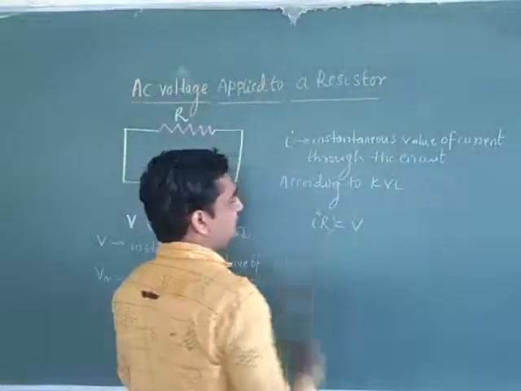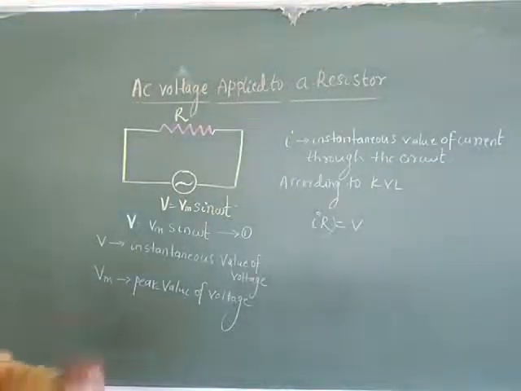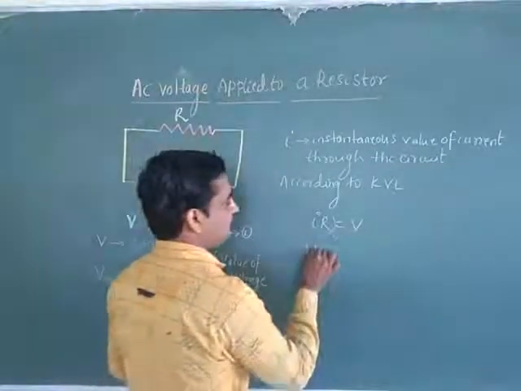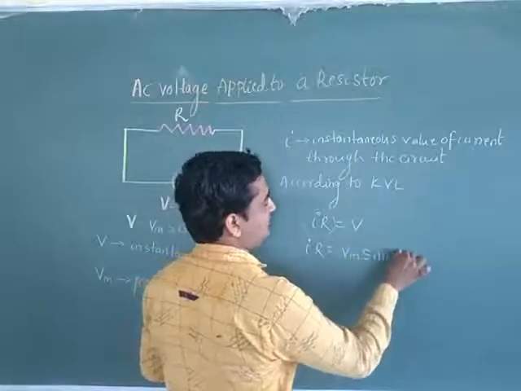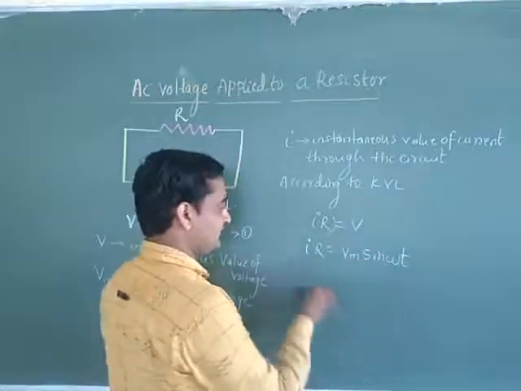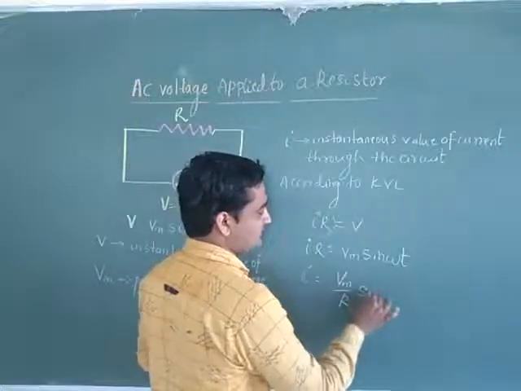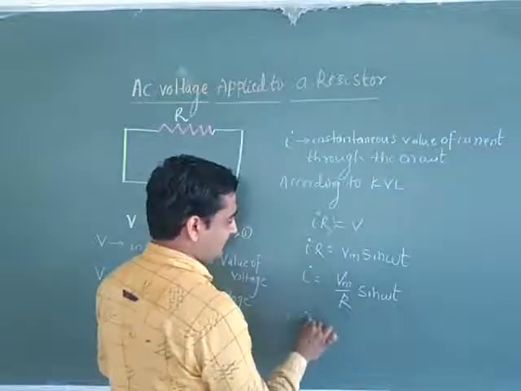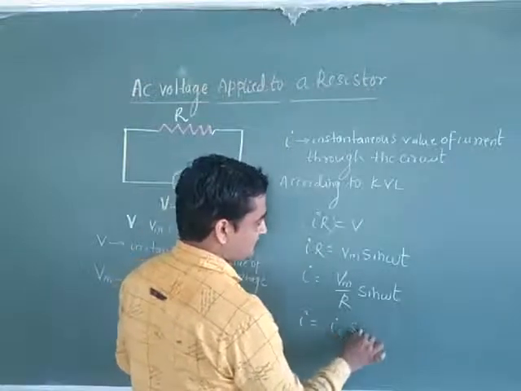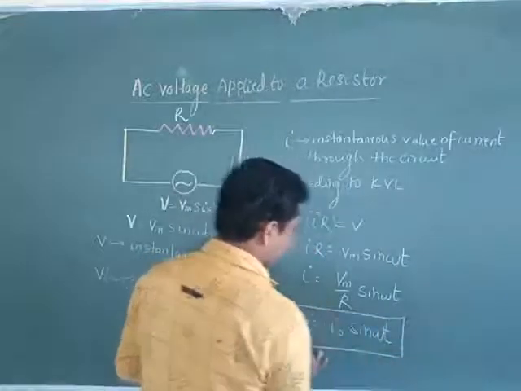Therefore, I into R is equal to V. But V is equal to Vm sin omega t, so I into R is equal to Vm sin omega t. Therefore, I is equal to Vm divided by R sin omega t. Therefore, I is equal to I naught sin omega t.